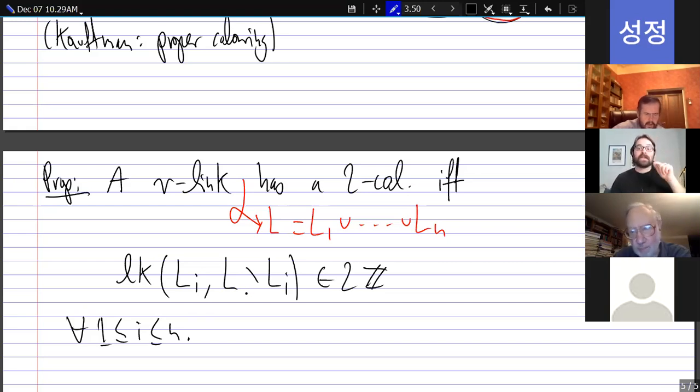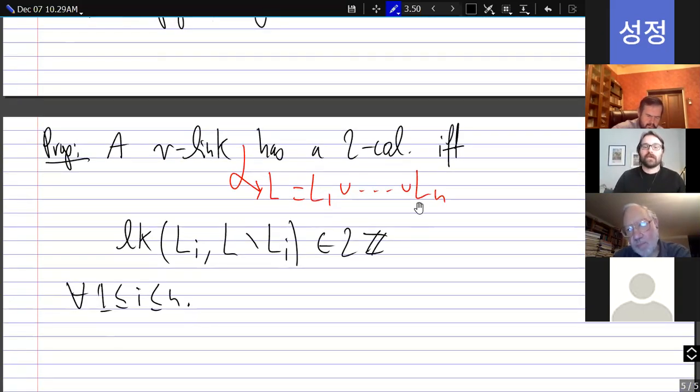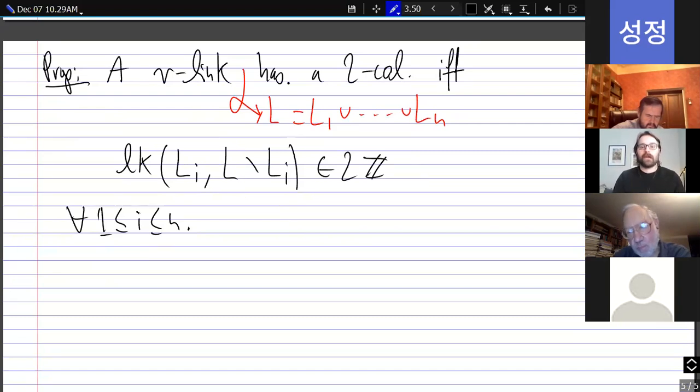That observation, down the line, gives you that the parity that we construct like this is stronger than the Im-Park parity, for example. And this is what allows it to distinguish links of more than one component. So that's a nice exercise to prove, that a two coloring is possessed if and only if these linking numbers are all even.